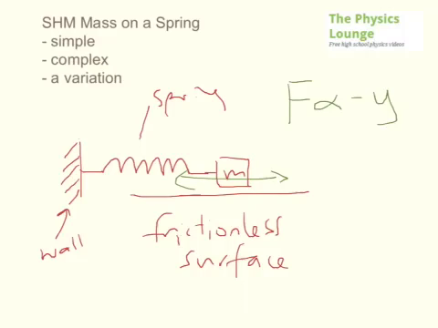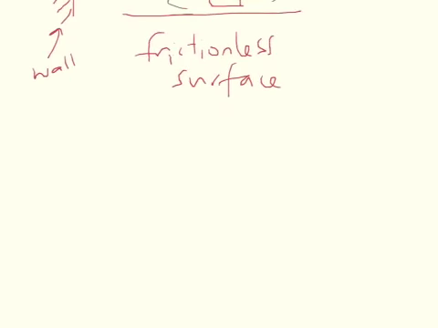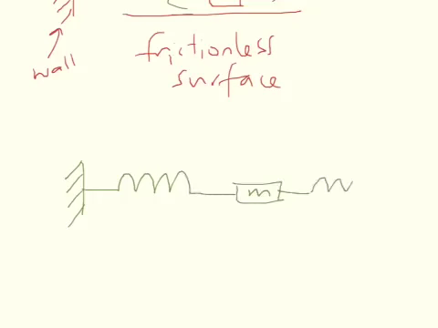Some complex variations of that could be a system like this, where you could have a spring with a mass and then another spring attached to the wall like this.